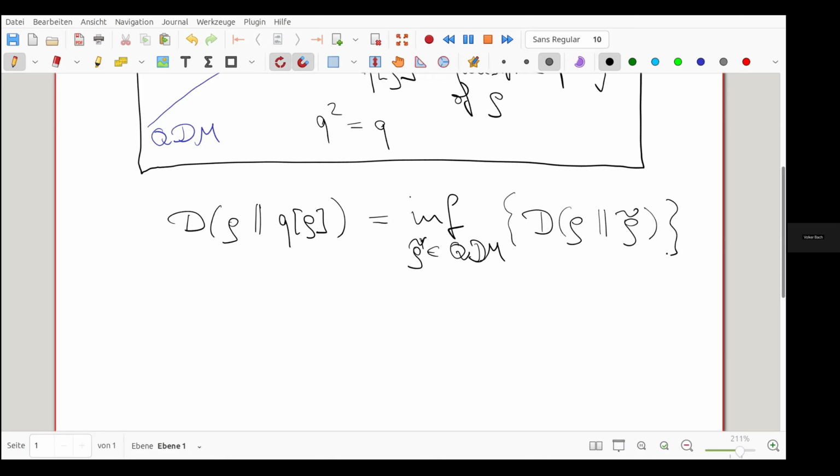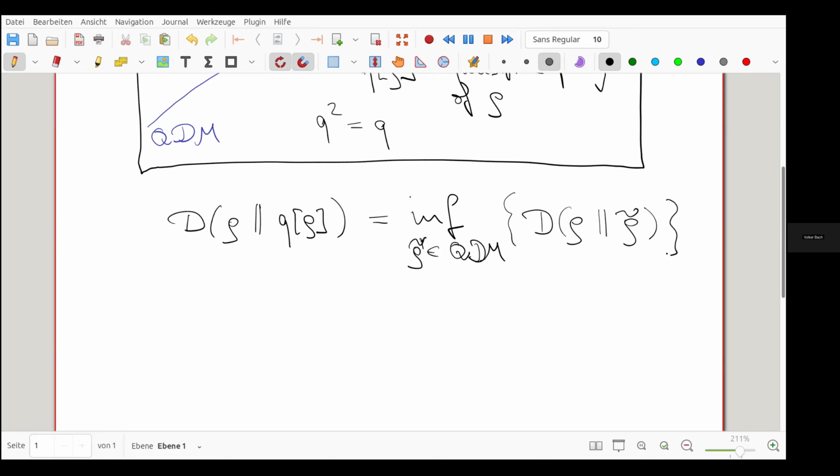If we let the second argument run through all quasi-free density matrices and look at the relative entropy, it is minimized by the quasi-free projection.